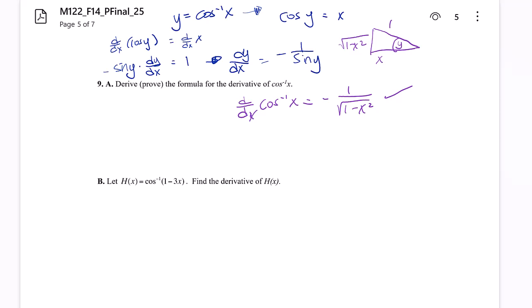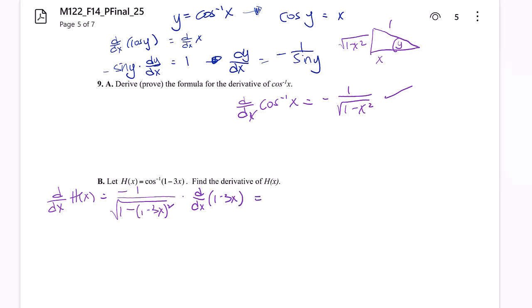Part B, find the derivative of h of x. Using that formula, d/dx h of x is going to be 1 over negative radical 1 minus, then we put the argument, 1 minus 3x quantity squared, times the derivative of 1 minus 3x.